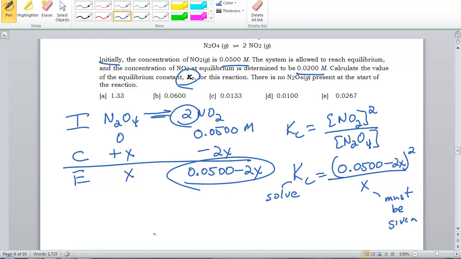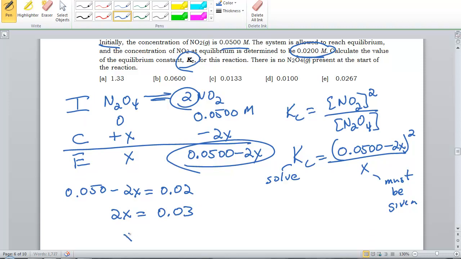All it does is it makes us do just a little bit more work, because we're saying the equilibrium amount of NO2 is 0.05 minus 2x. Well, you're told that it's actually 0.02. So 0.05 minus 2x is equal to that 0.02. Now we just have to solve. 2x is equal to 0.03. Do a little algebra here. And it looks like our x is equal to 0.015. Now we can plug in. So our denominator is x, 0.015.